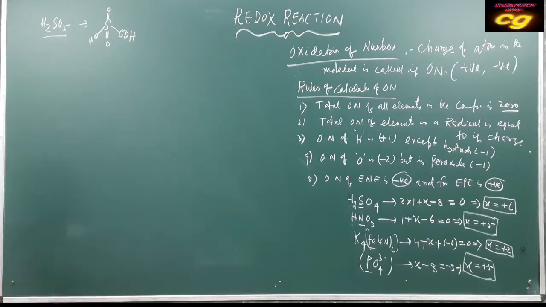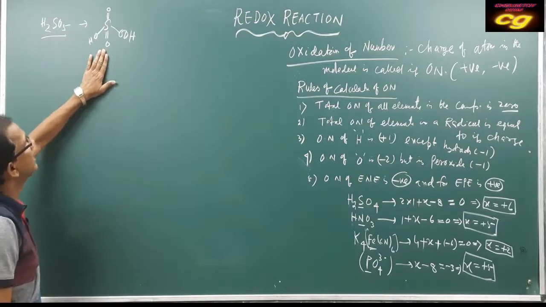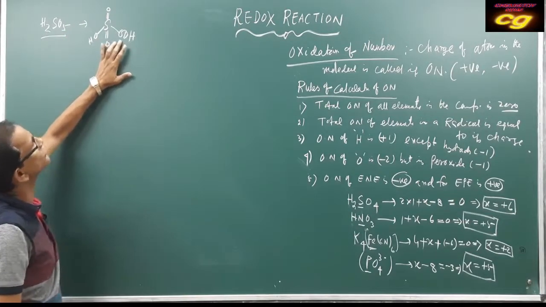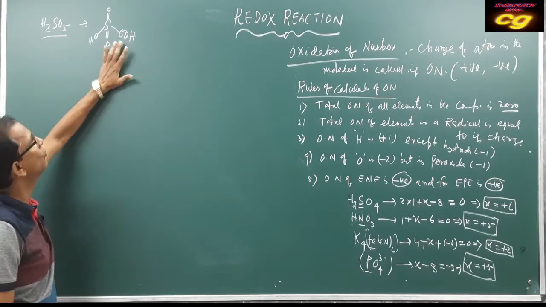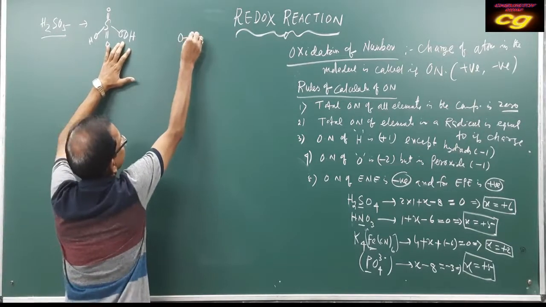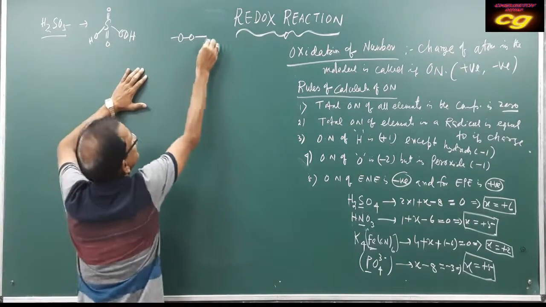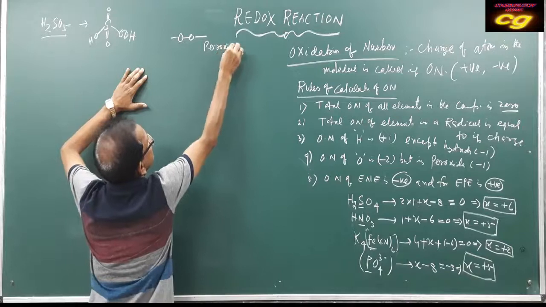This is the actual structure of peroxomonosulfuric acid. This structure shows that these 3 oxygens are in oxide form and these 2 oxygens are in peroxide form. OO, that linkage is called the peroxide linkage.